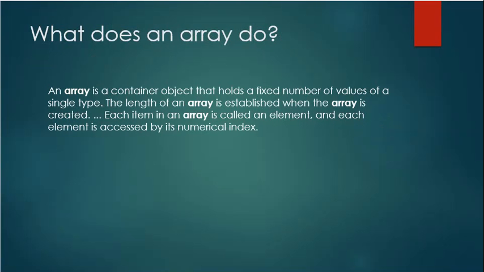So when we talk about arrays, one of the main points of using an array is to be able to take types of data that are similar and that have something in common.